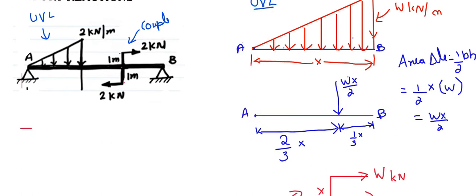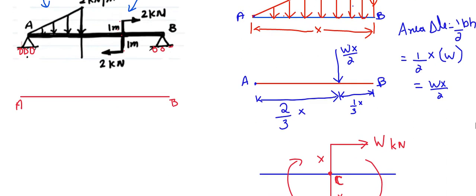So now coming back to the problem, we know how to convert both of them, the uniformly varying load as well as the couple, to a point load and a moment. So if I am considering this as a simply supported beam, let's consider, for the ease of understanding, let's make it rollers.